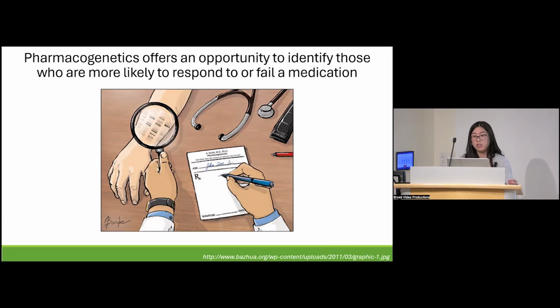And this can be measured in terms of drug efficacy, looking at side effects as well. And so the goal is really to target the right medication for a given individual and reduce medication exposure for those who are likely to develop a complication or a side effect.